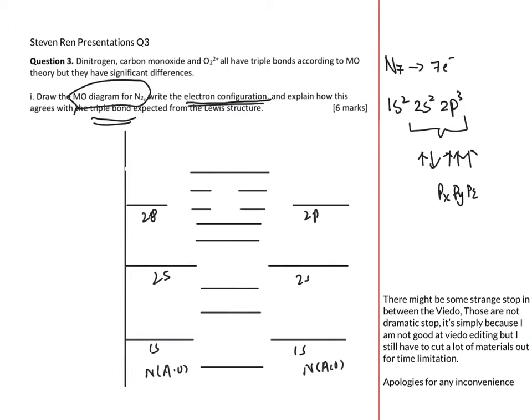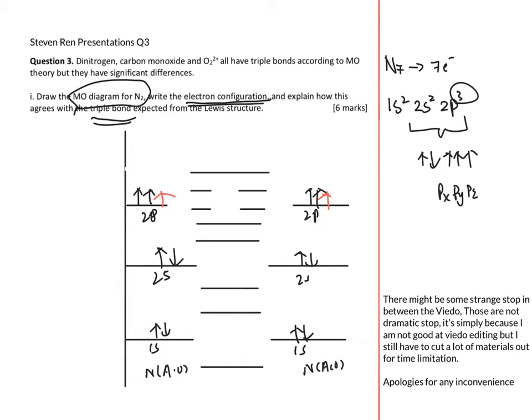The next step is to fill in the electrons. We know there will be 2 electrons in the 1s orbital and 2 in the 2s orbital, and there will be 3 in the 2p orbital. I will be using a different color to represent the 2pz, the reason I will talk about later.